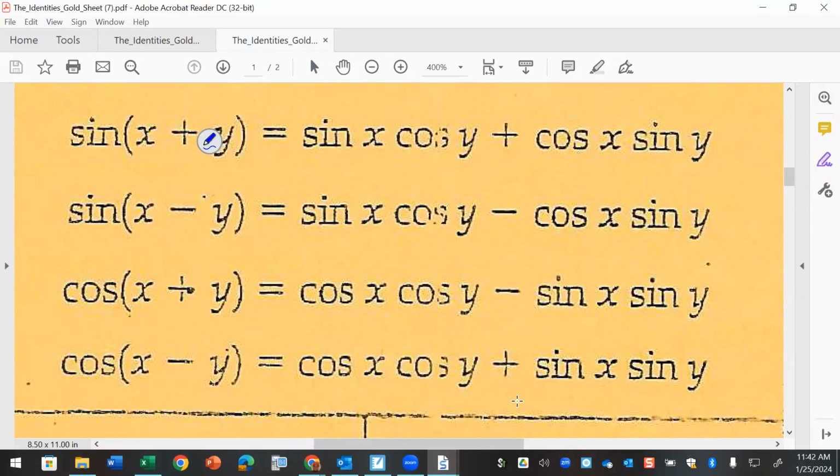So what are all the x's gonna turn into in this problem? 45, and all the y's 30. Okay, so you roll out cosine, cosine, sine change, sine, sine, and you fill it in.